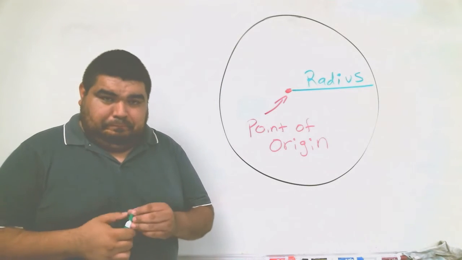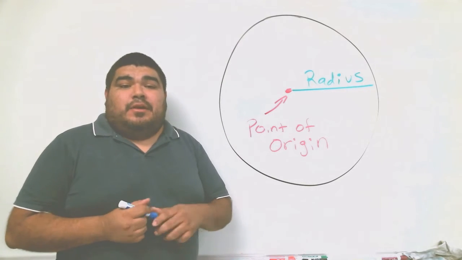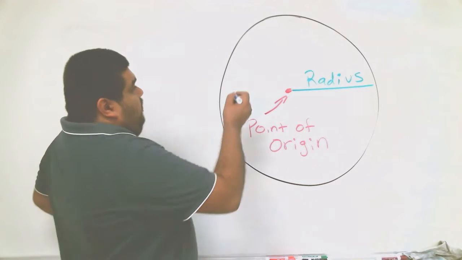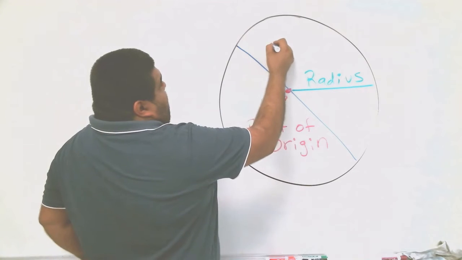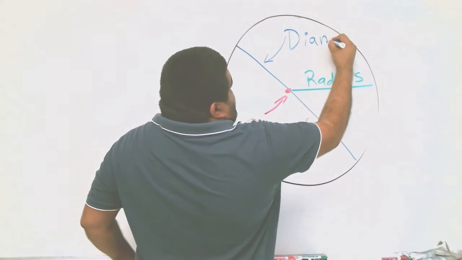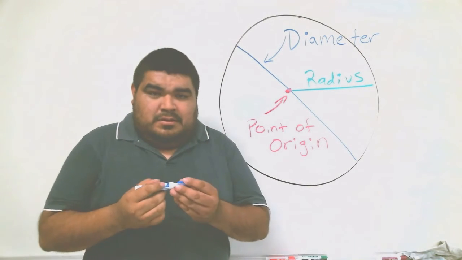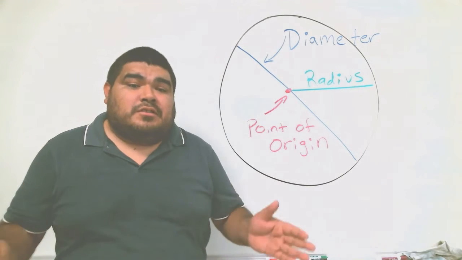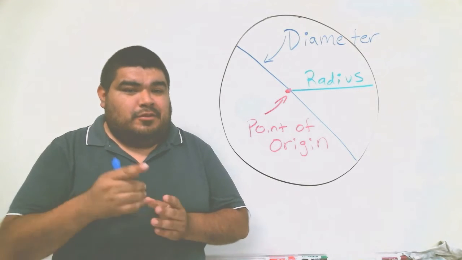When there's a line that goes from one side of the circle to the other side of the circle, it's called a diameter. All right? So now that you know all the very basics of a circle, we can actually start on today's concept. So let's start.